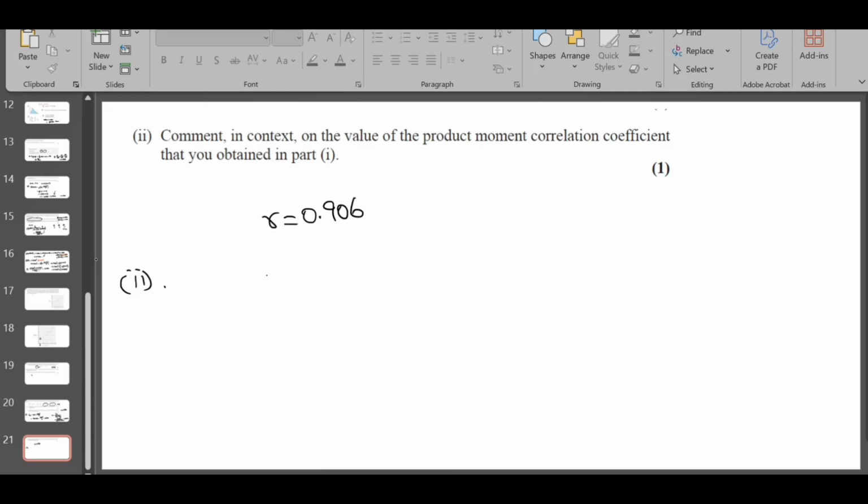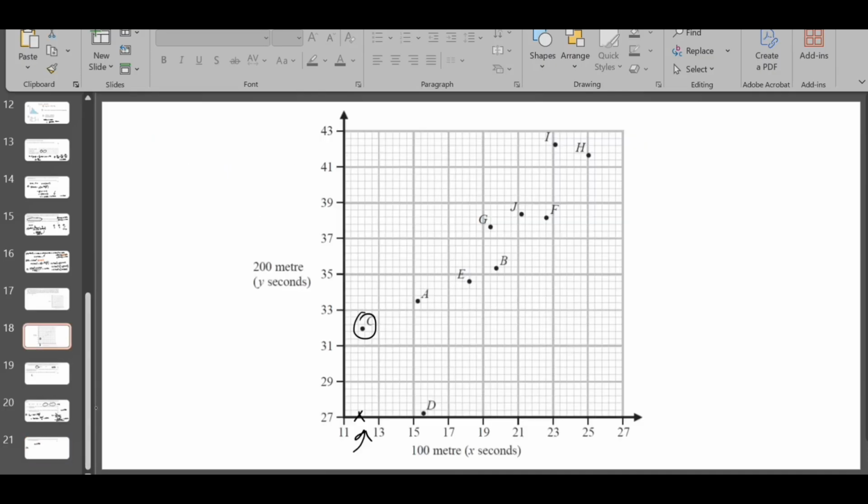Comment in context on the value of the PMCC that you obtained in part (i). This is a value of PMCC which is close to 1, right? If it's close to positive 1, that means there is a positive correlation. So what does that mean in this diagram? If this increases, that means these both are positively correlated.